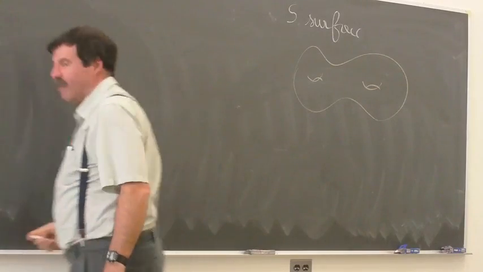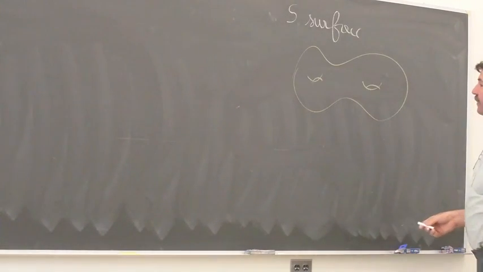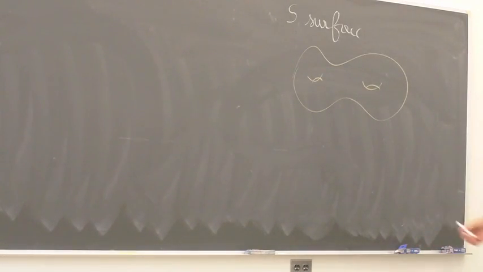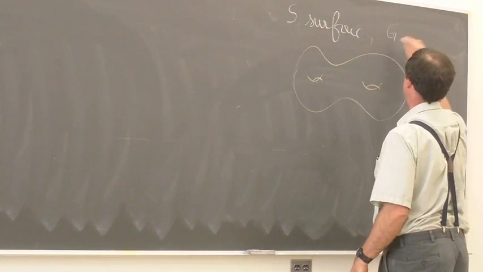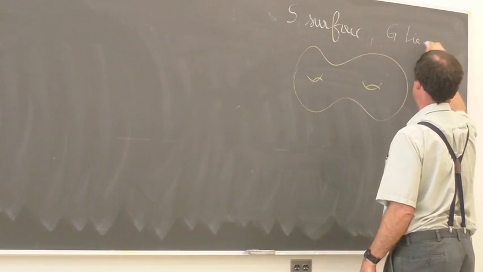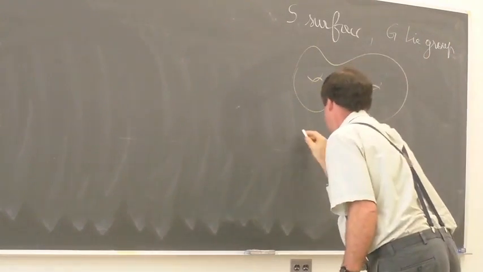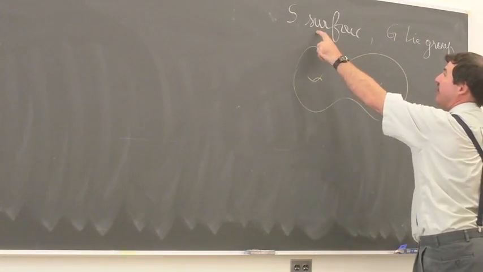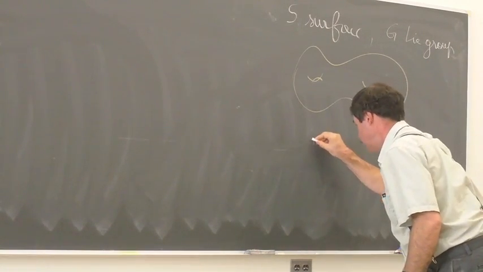Well, it will be oriented eventually, but at this point it doesn't matter. And what really matters is connected, perhaps. And you give yourself G, a big group. And so what's important when you have a connected surface is that you have the fundamental group.